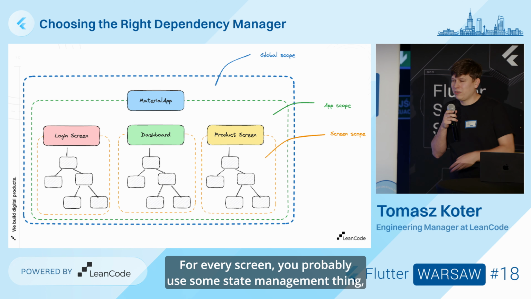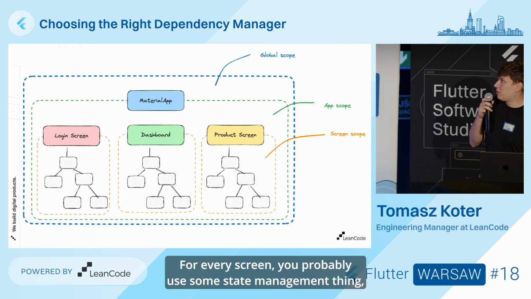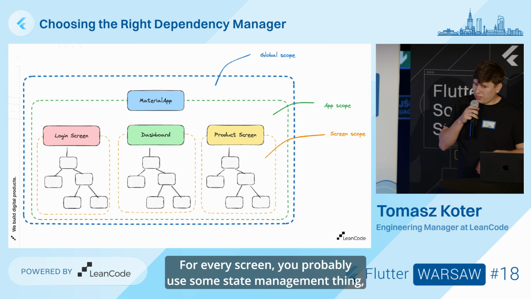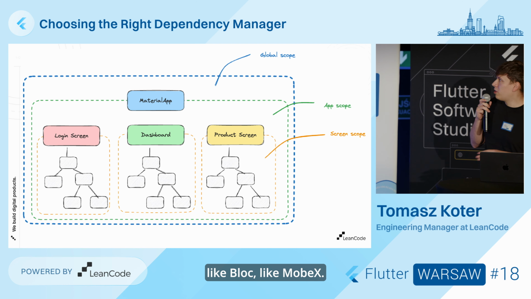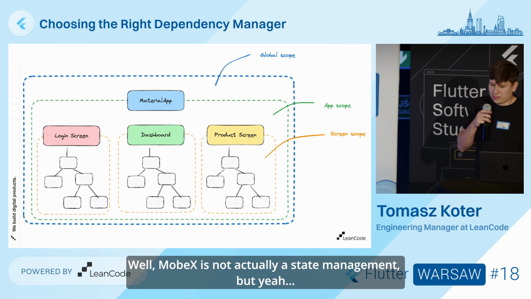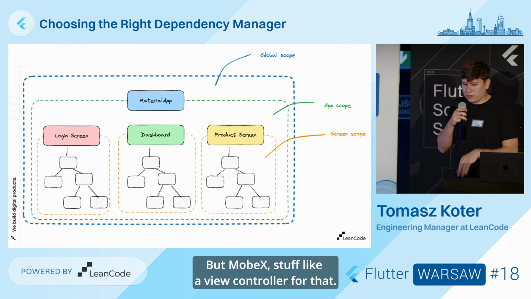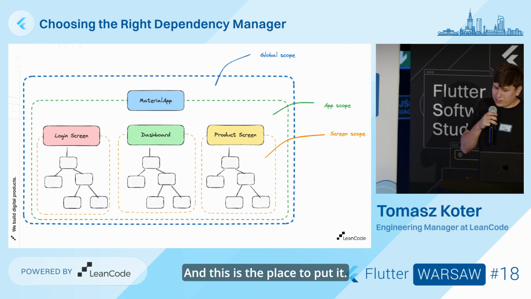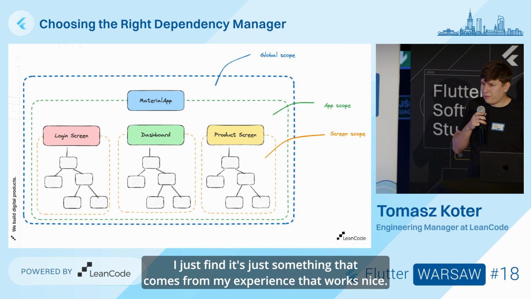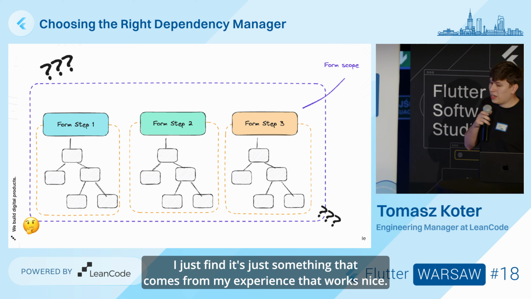For every screen you probably use some state management thing like Bloc, like MobX, though it's not actually state management, or a view controller. And this is the place to put it. It's just something that comes from my experience that works nicely.